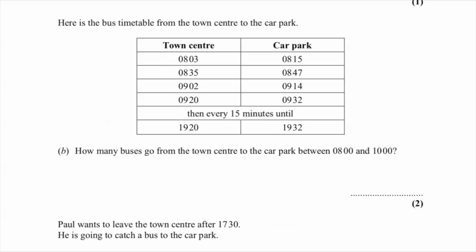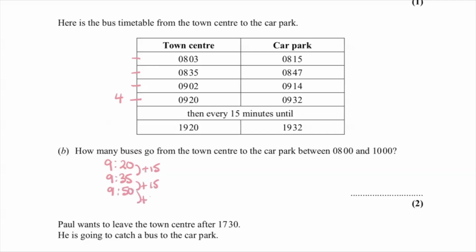Okay, so we've got the bus timetable from the town centre to the car park, and we need to work out how many buses go between 8 and 10. So we've got 1, 2, 3, 4, and then every 15 minutes. So we're just going to write our 9:20, add on 15 minutes, and that takes us to 9:35. Add on 15, and that takes us to 9:50.